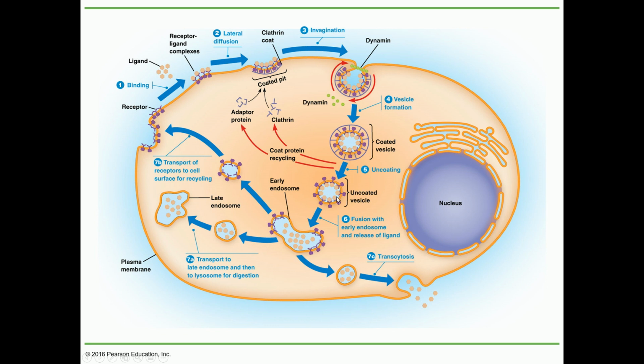Now this uncoated vesicle, which we have already studied in lysosomes, is going to fuse with the secretory vesicles coming from the trans region of the Golgi. We already talked about this in the last chapter.